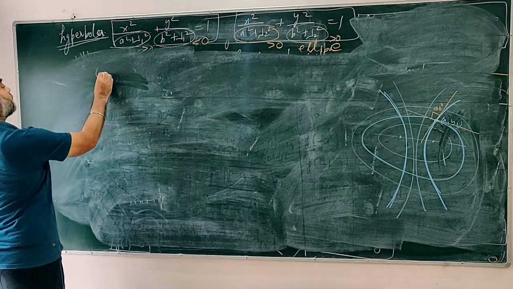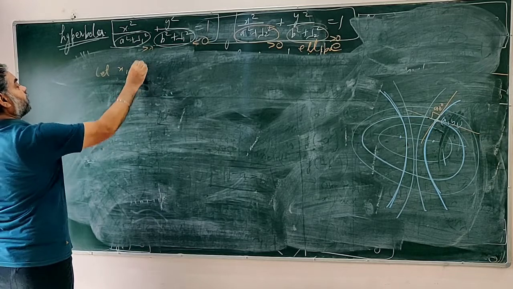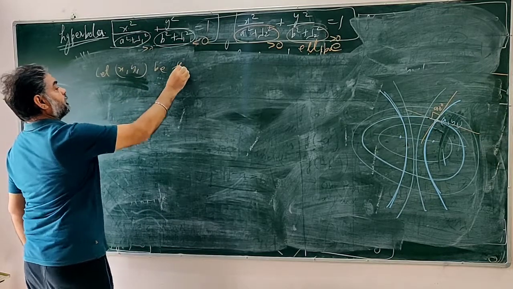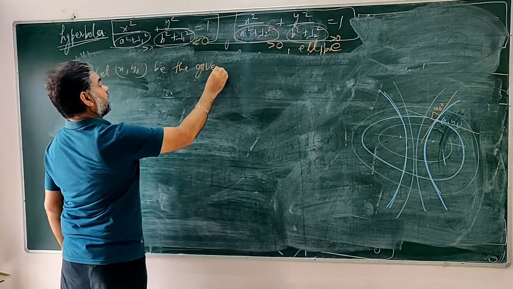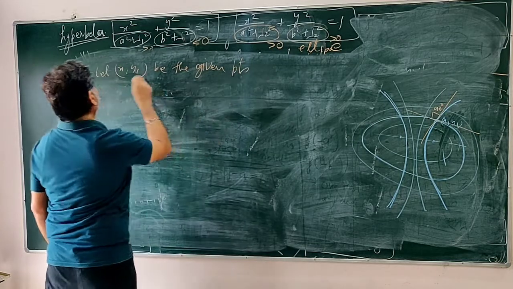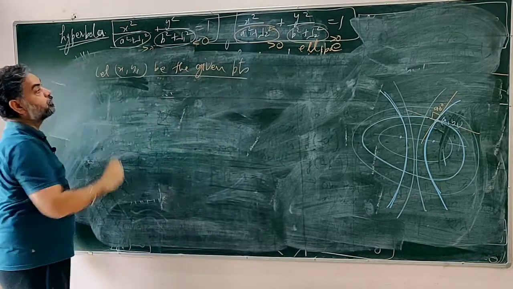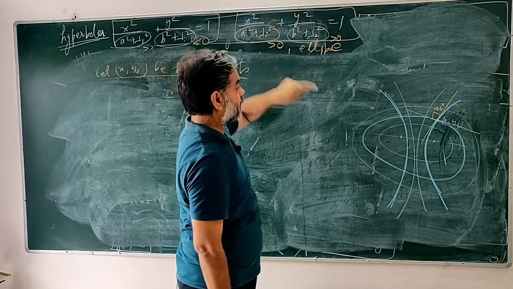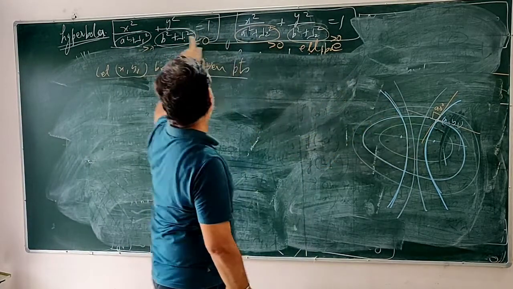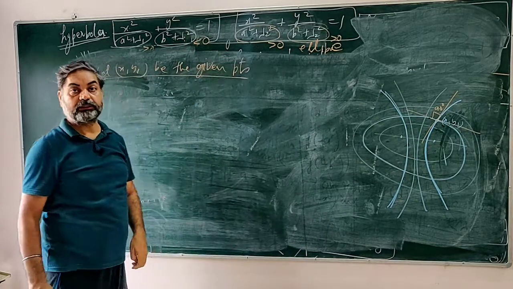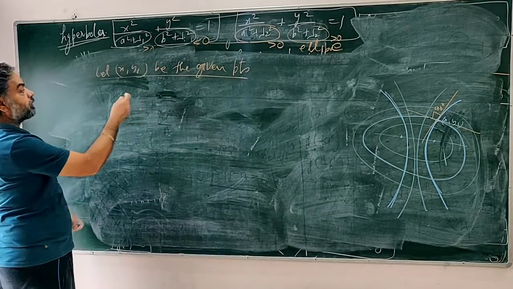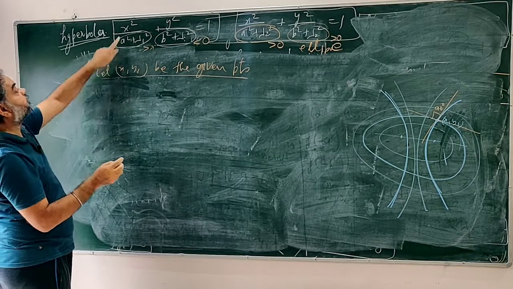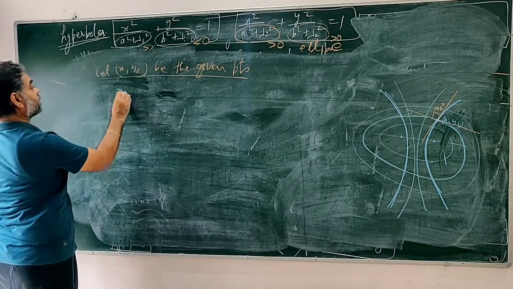So let x1, y1 be the given point from which these two confocal conics pass. One confocal conic is this, the other is this. Both of them pass through x1, y1, so x1, y1 should satisfy the equations.